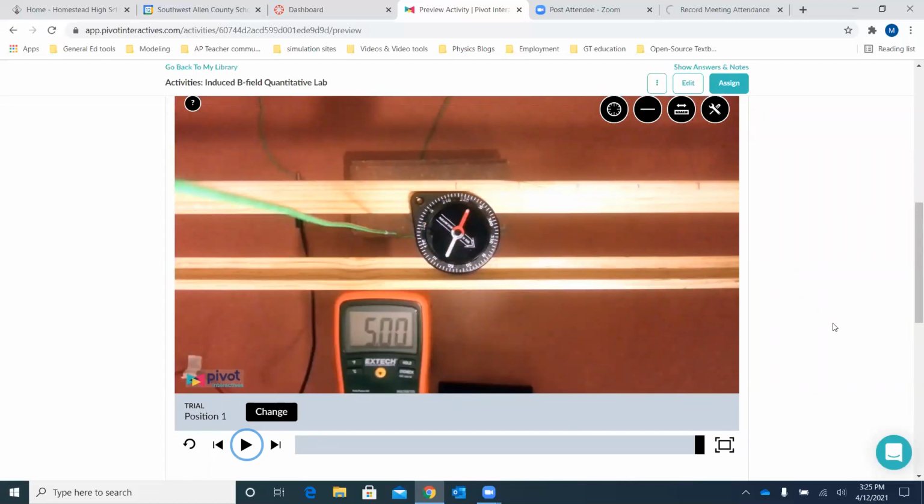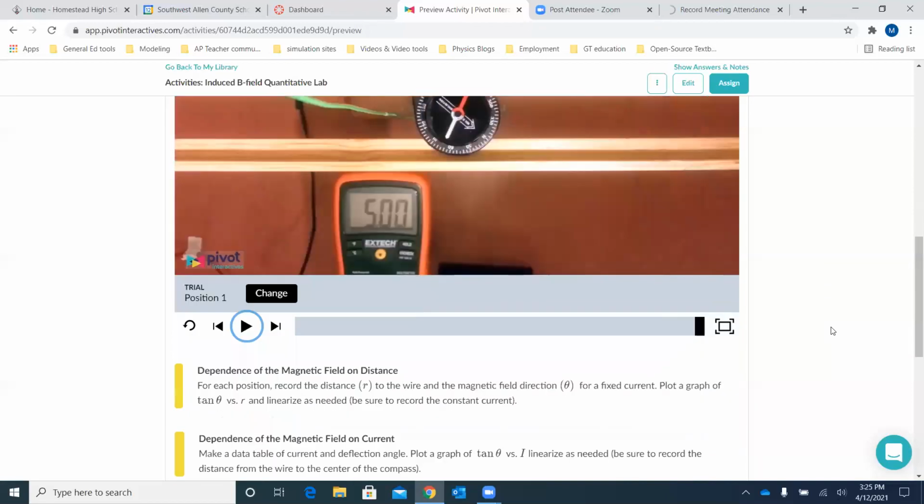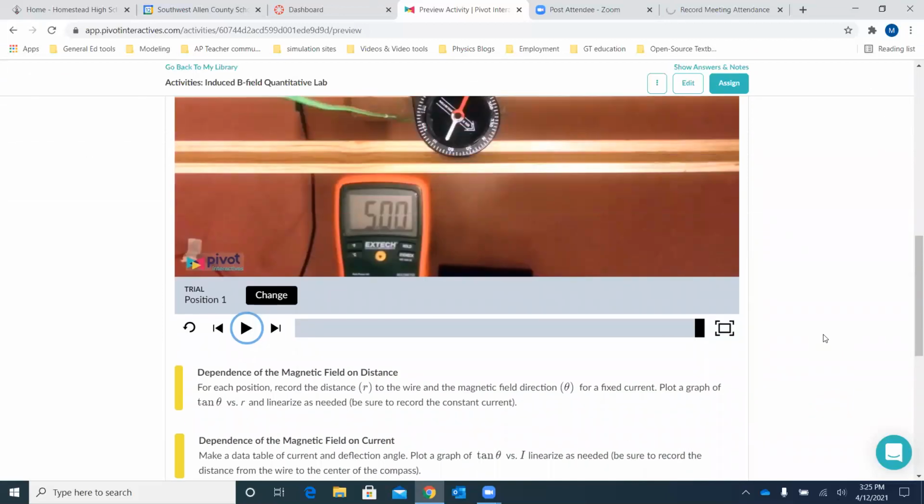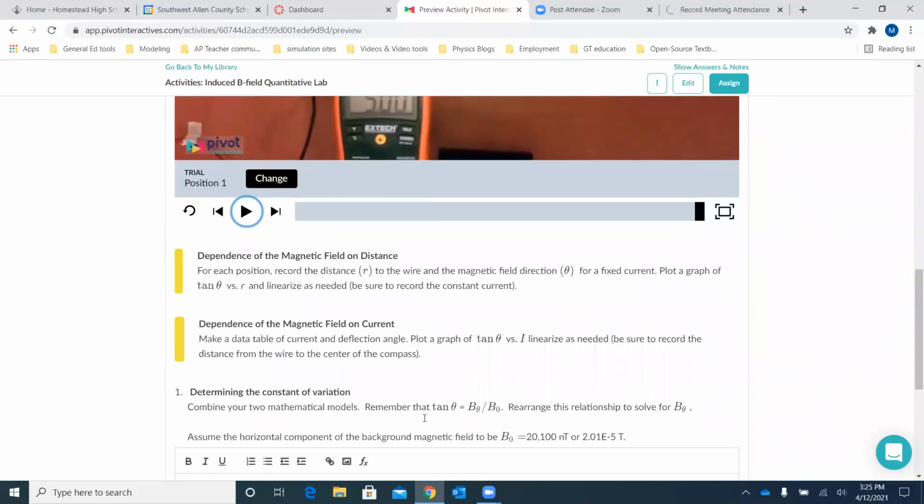After you find those two relationships, you should be able to combine those relationships into one mathematical model. We've done this plenty of times. We did it last year, we did it this year, lots and lots of times to get one composite model. And then we know that tangent of theta is equal to the induced field, B theta, divided by B naught, where B naught is caused by the Earth.